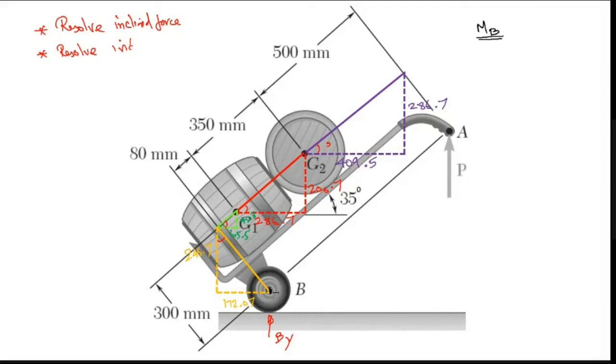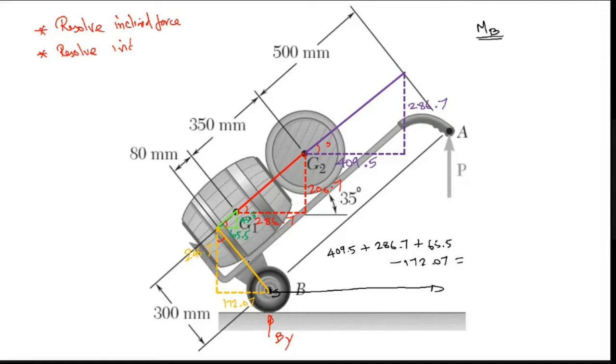I need the distance from here to here. This distance is 409.5 plus 286.7 plus 65.5 minus 172.07. Add it and subtract with respect to this, so you will get the distance.